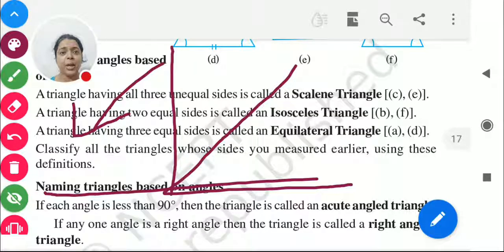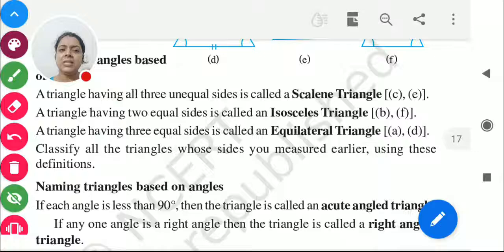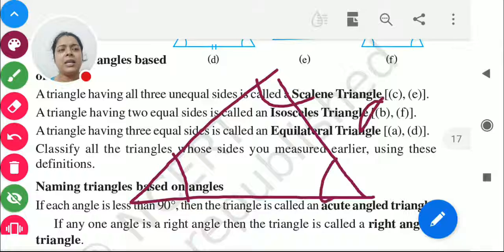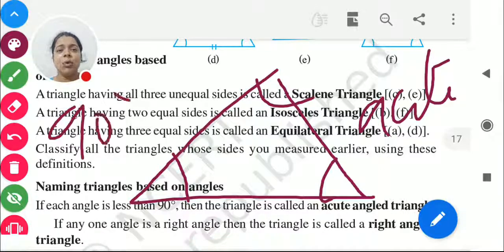That you people know very well. So basically, on the basis of the angles only we are dividing. If I take an acute angled triangle, all three angles are acute, meaning less than 90 degrees. So it is known as an acute angled triangle.